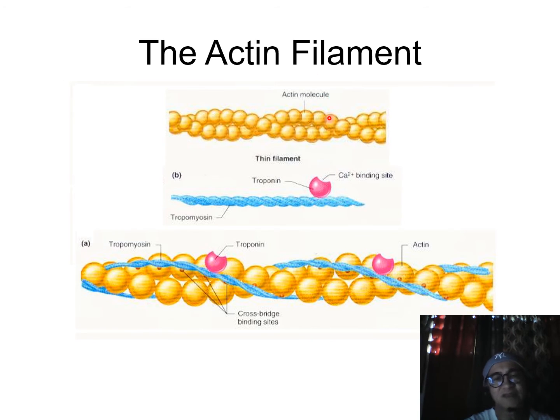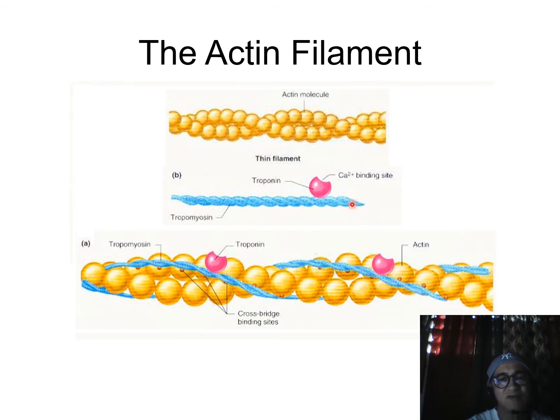The thin filaments, which are relatively thinner than the myosin filaments, are composed of three parts. They're actually a complex or composite molecule made up of a helical chain of globular actin molecules forming a bead-like helical filament that makes up the main body of the actin filament.